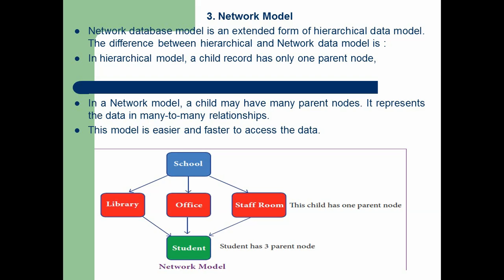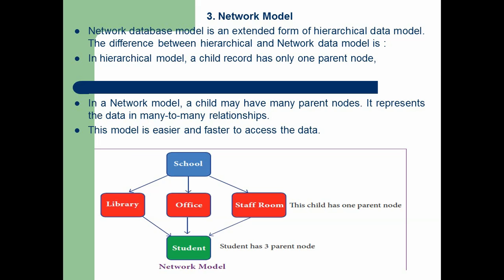See here, the same database called school consists of many tables: library, office, staff room, and a new table called student. This student can access library, office, and staff room data. This is called the network model.